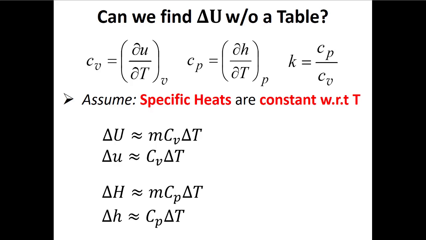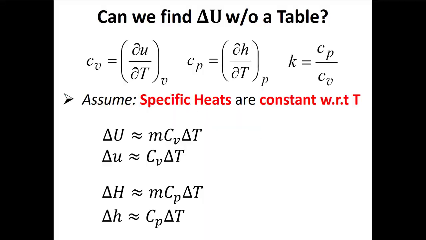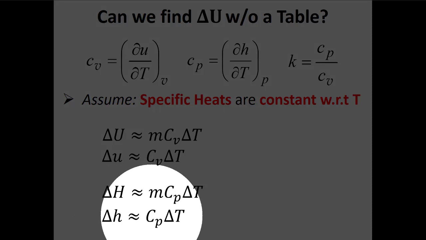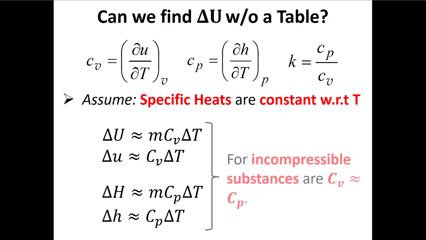If we were ever interested in finding a delta H, then I can use the same process that I've used here with the definition for CP. I put this in here, and I can see that the change in specific enthalpy, delta little h, is equal to CP times delta T. So that may become important for us as we move on in the course.